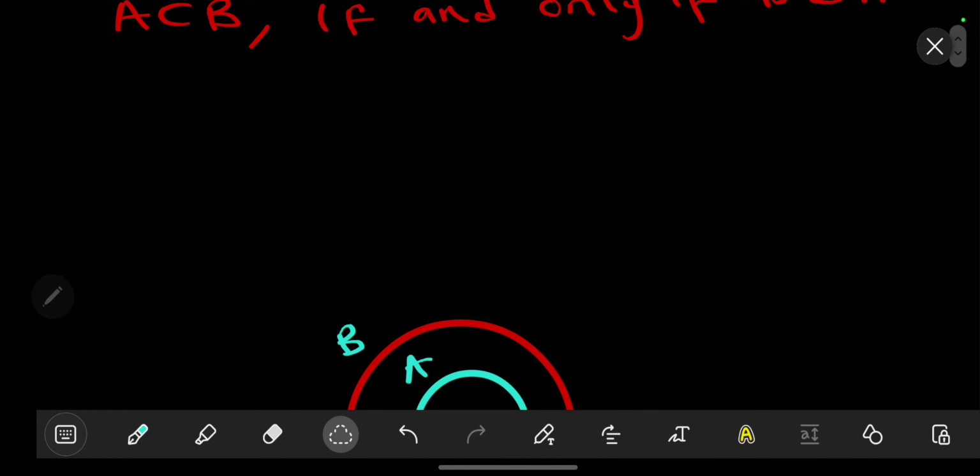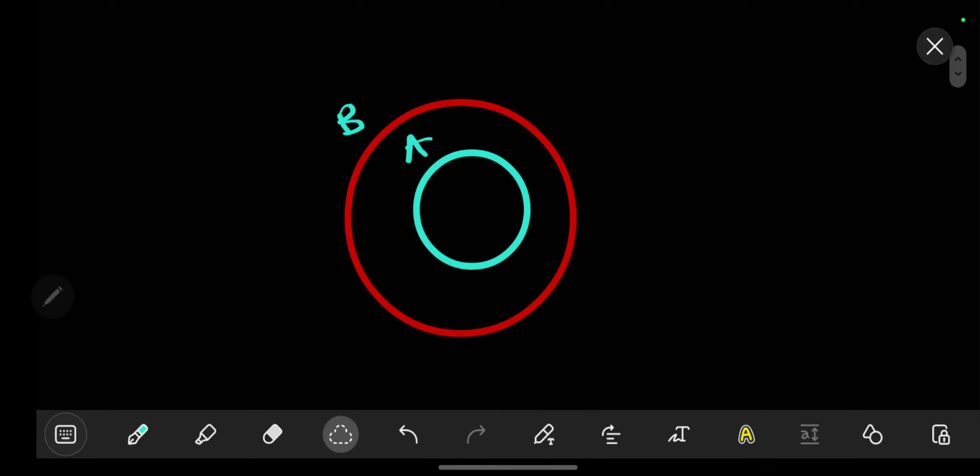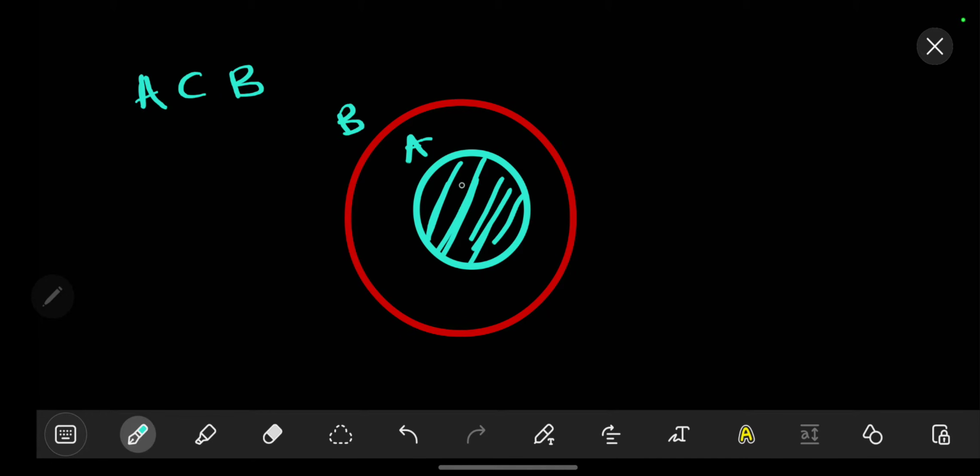Firstly, we need to understand how subsets operate. If we have A is a subset of B, this simply means to say A is found inside B. In other words, the whole of A is found inside B. So whatever members are part of A are also part of B. That's the meaning.